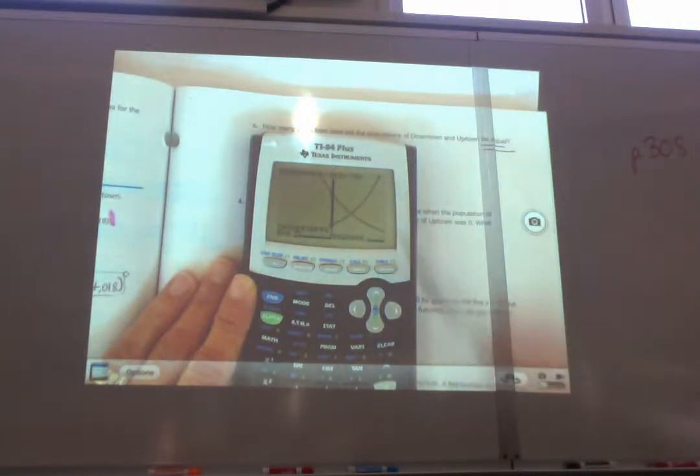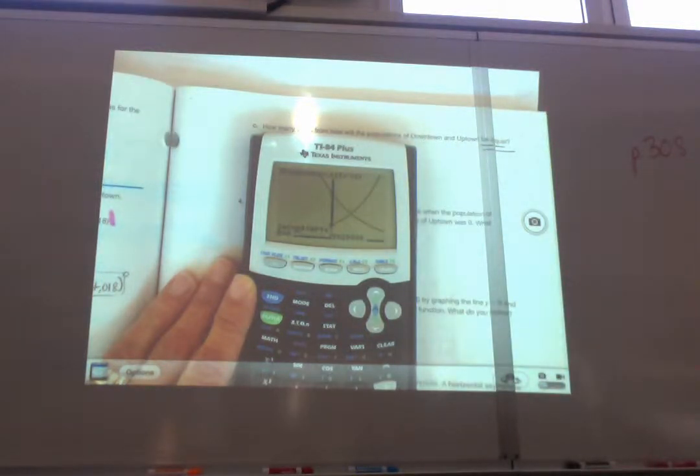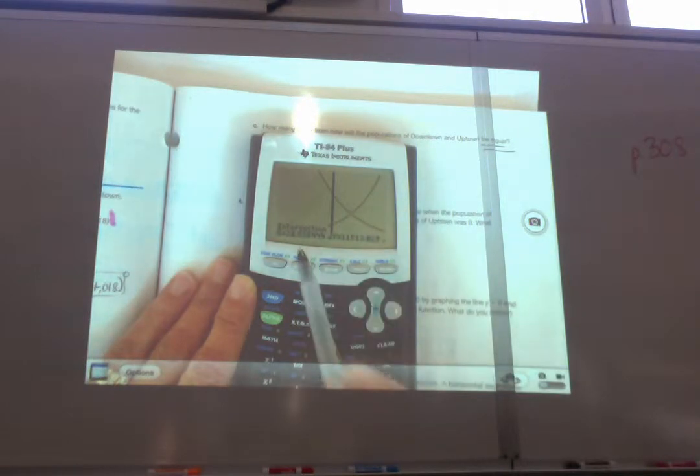Good. Second curve, it's now blinking up here on the downtown curve. Good. Guess, yes please. Took a while. Don't see my cursor. Mine's in the middle. You can see yours? Okay, it should be right there.